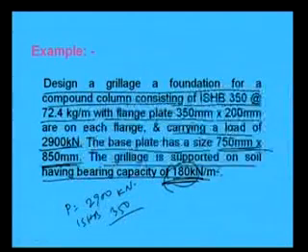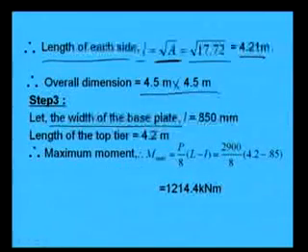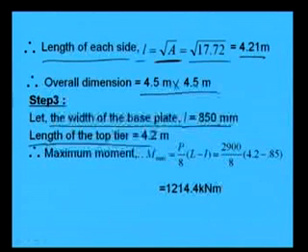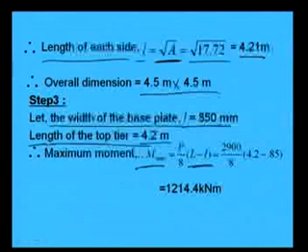So, if we take the width of base plate as 850 and length of the tier as 4.2 meter, then maximum moment we can find out as P by 8 into L minus l, right. So, this will become 2900 by 8 into 4.2 minus 0.85. So, maximum moment is becoming 1214.4 kilonewton meter. So, maximum moment we are going to get as this 1214.4 kilonewton meter.